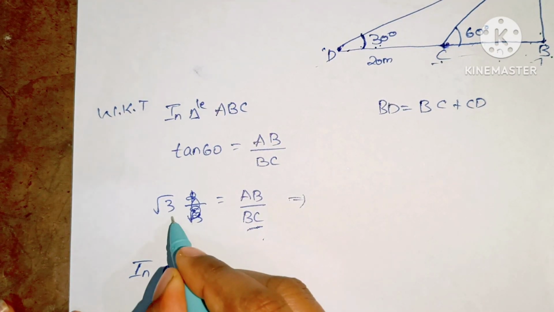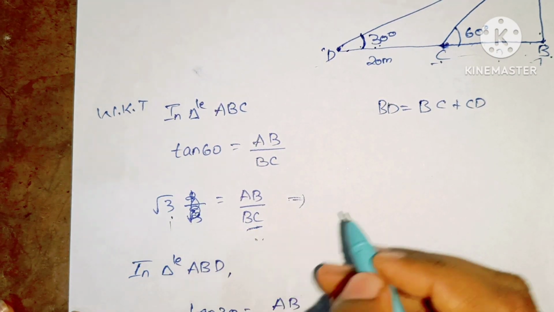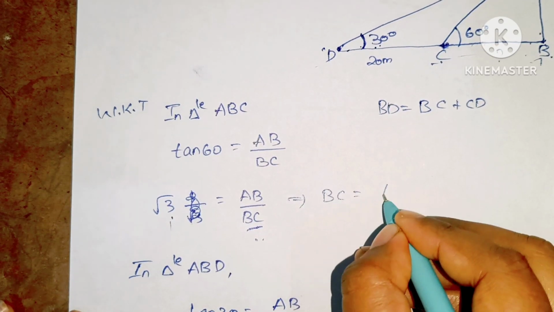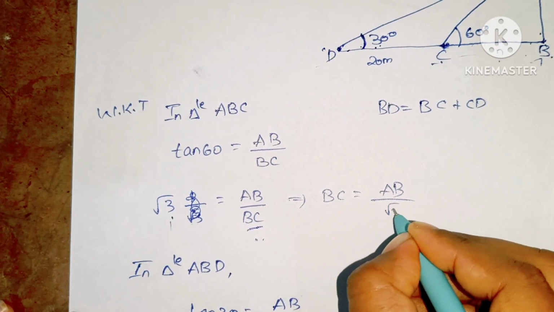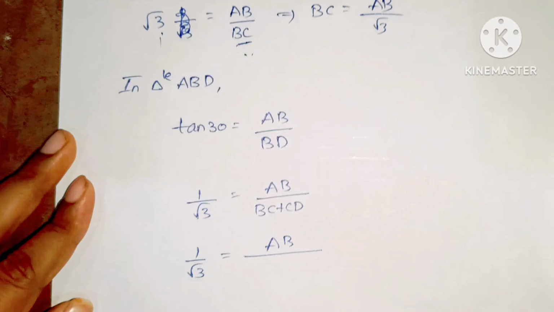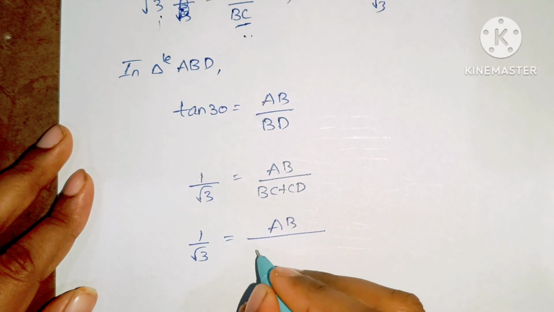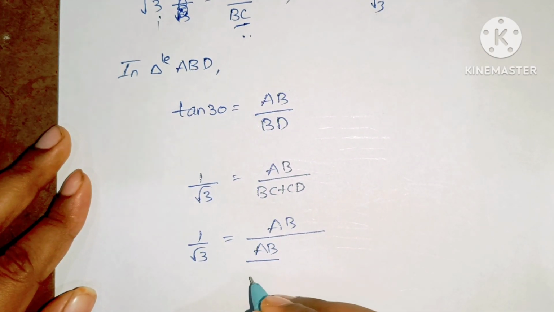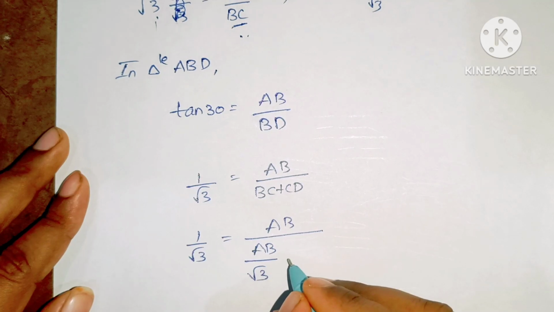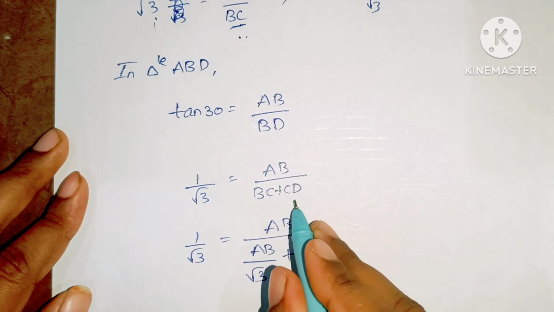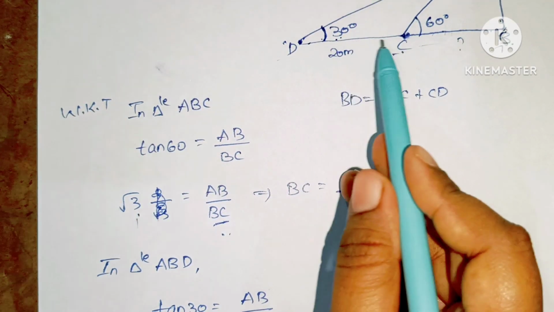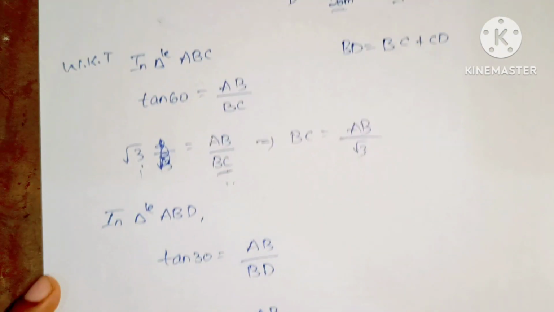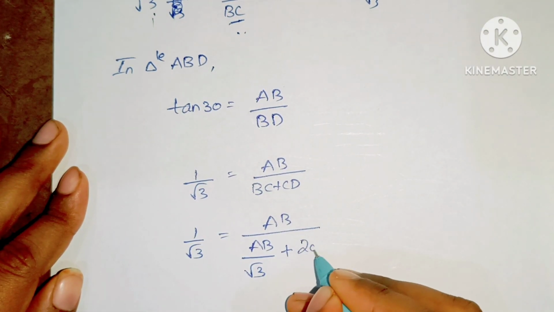Transpose root 3 to this side, then BC equal to AB by root 3. Substitute this here. So BC equal to AB by root 3 plus CD. CD is the length 20 meters, so I wrote directly 20.